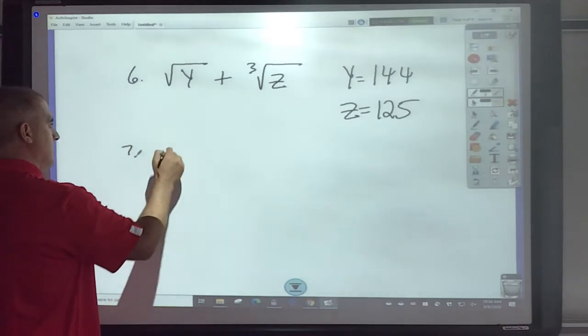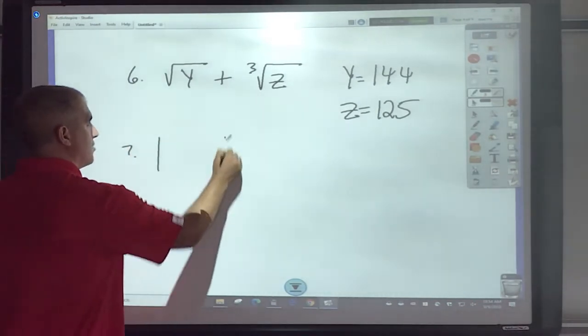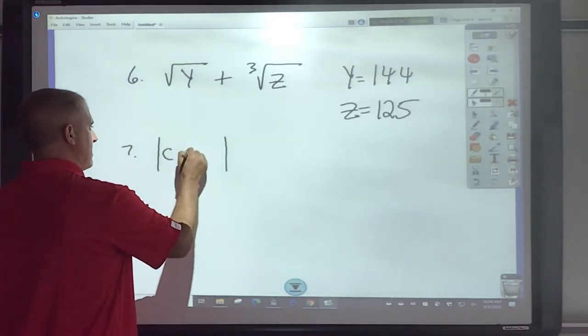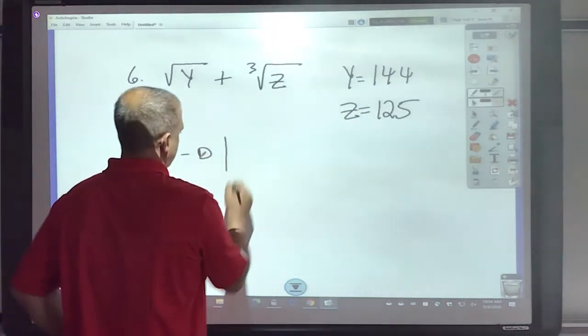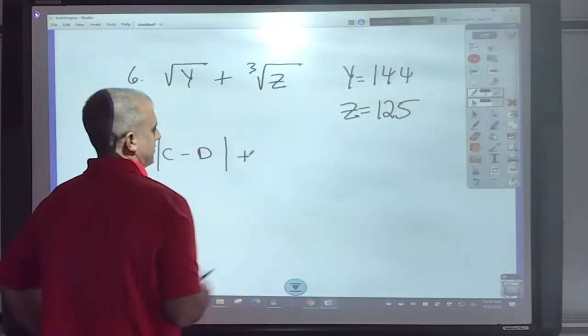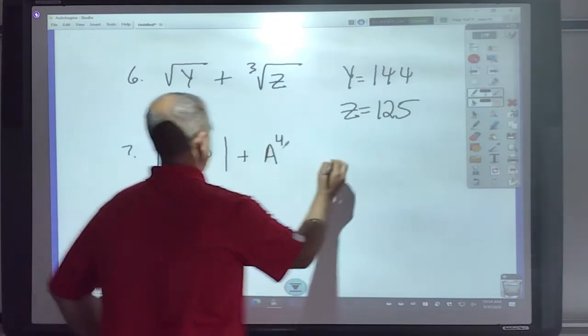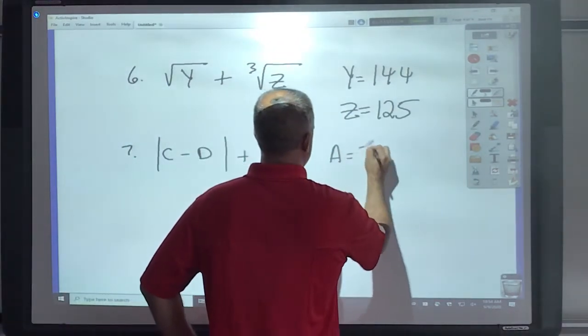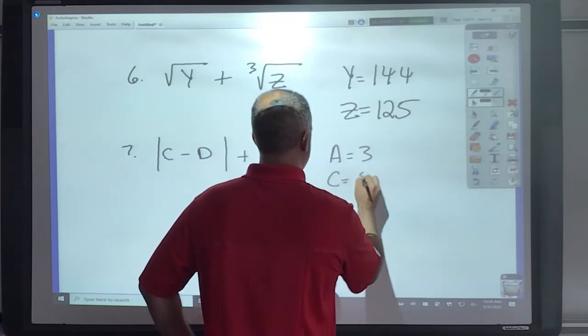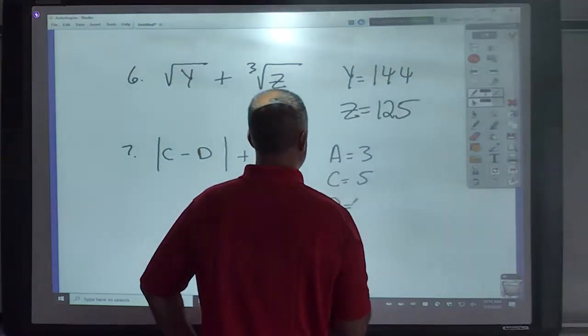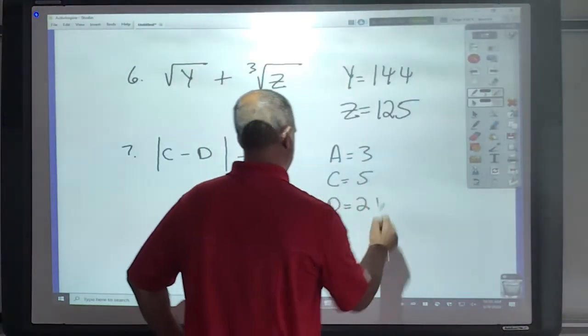Let's do absolute value of c minus d plus a to the 4th, where a is 3, c is 5, d is 21.